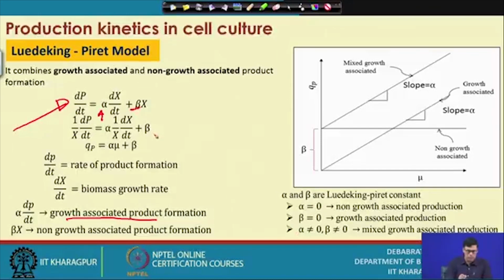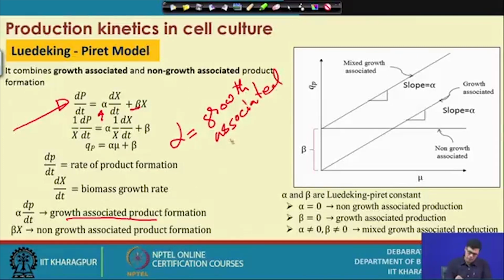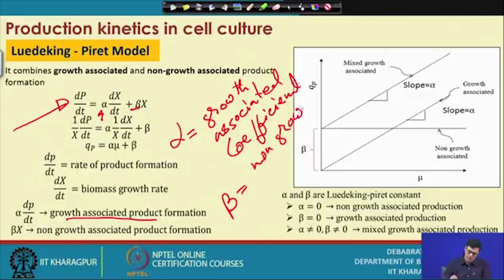Beta is the non-growth associated coefficient. So, I can write alpha is the growth associated coefficient. Am I right? And beta is the non-growth associated coefficient. Okay.